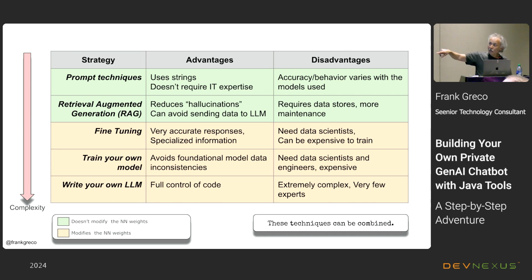And then at the bottom, if you're one of the few people on the planet that can write your own LLM, you know about neural networks, like my friend Zoran can do this. If you want to train your own model, say you take someone's code and train it on finance, like Bloomberg did, they took a basic model and trained it on all the financial information they had.